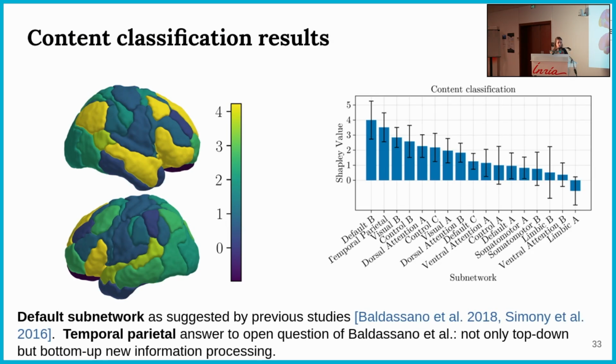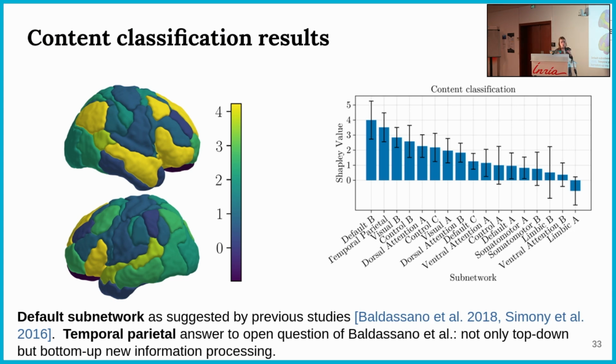Then we did the same for the content classification result, and now we are classifying between the airport and restaurant situations. The most important network is the default one, which aligns with the previous result by Baldassano and Simony.